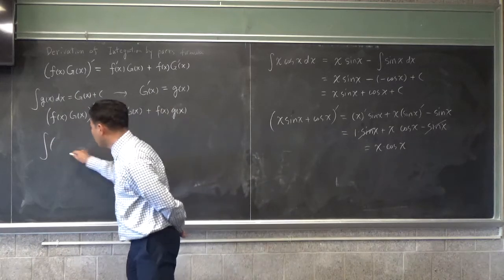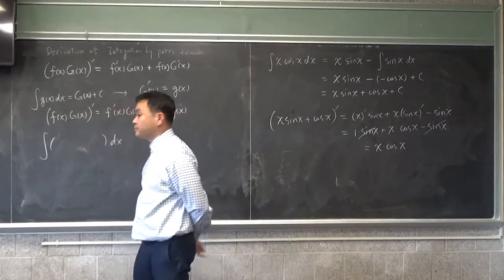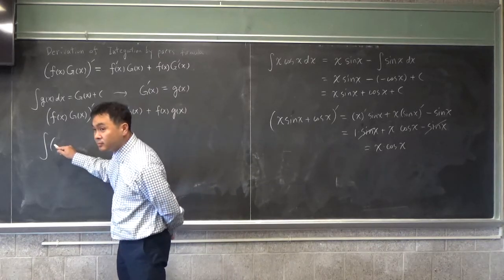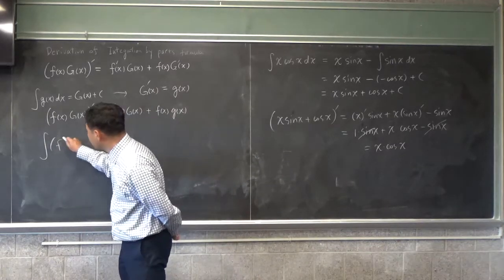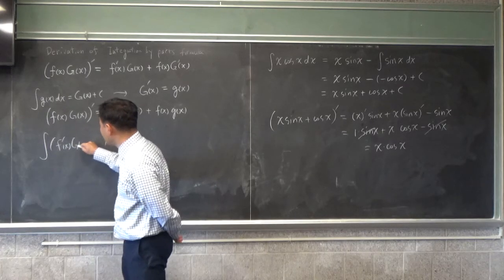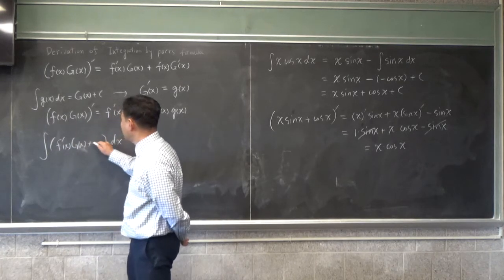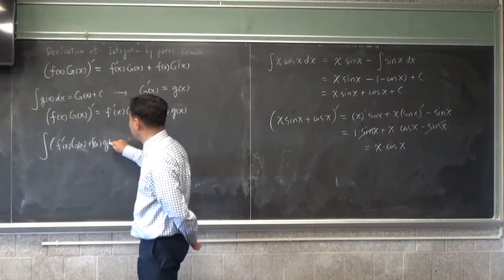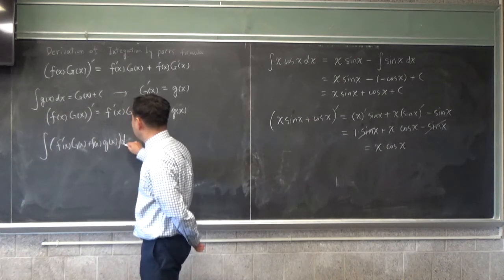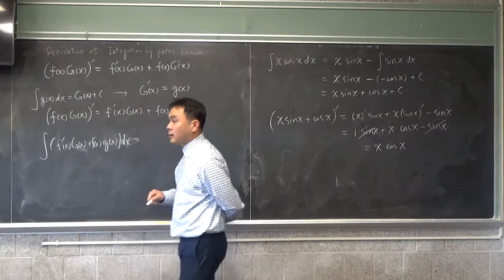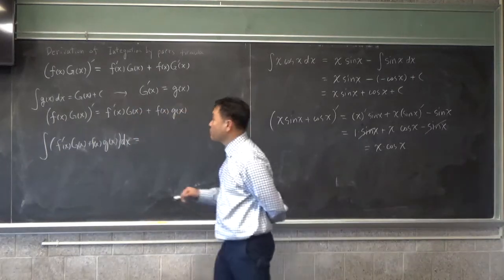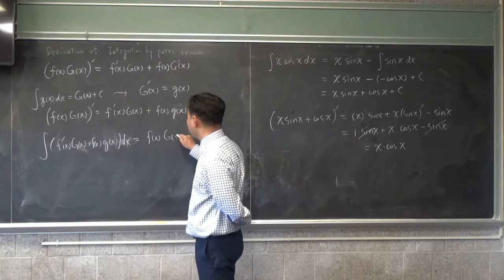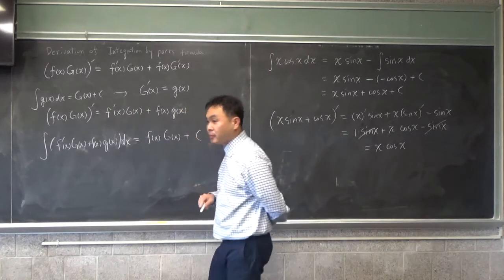What goes on the left side? The integral of f prime of x, big G of x, plus f of x, small g of x, equals f of x, capital G of x, plus c.